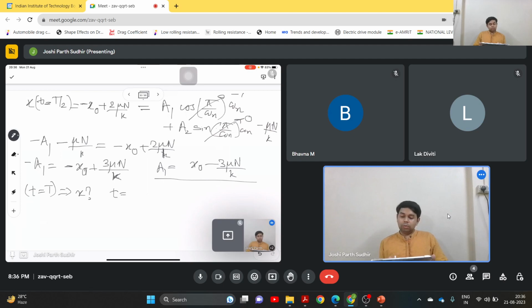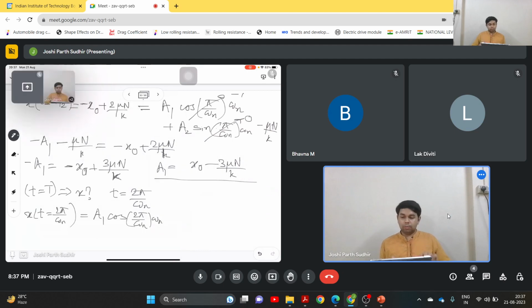So T is equal to 2 pi upon omega n. So for that, we are looking at x of T, which is A1 cos of 2 pi upon omega n into omega n plus A2 minus mu n by k.